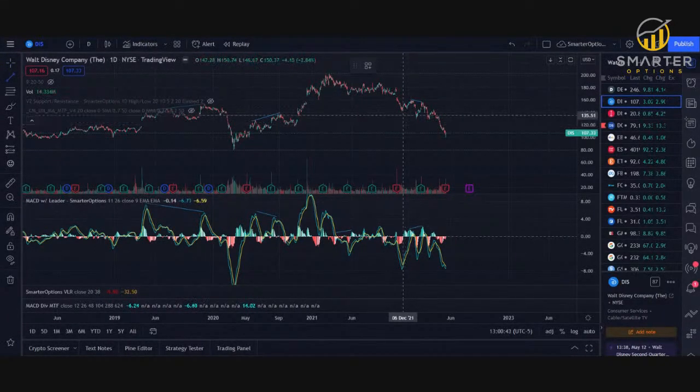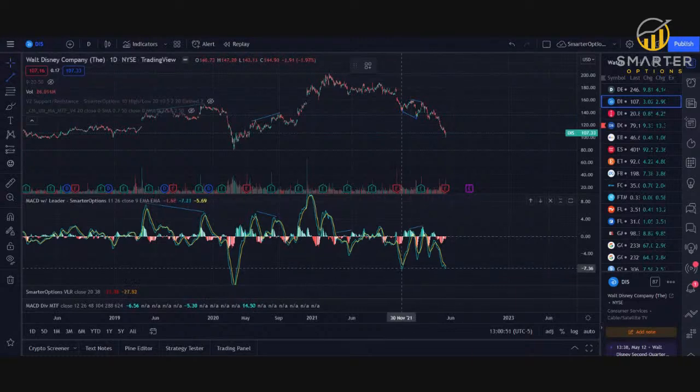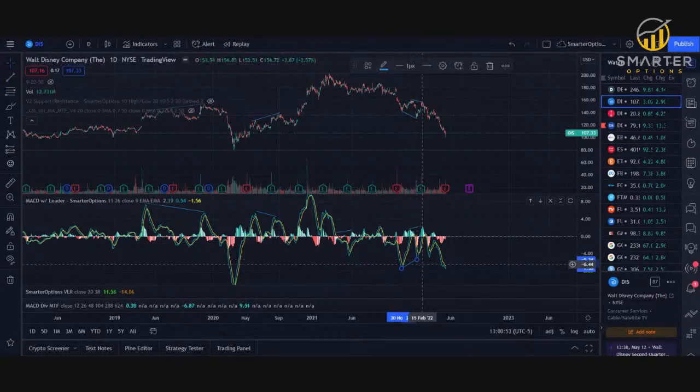Okay. We were getting lower lows. Actually, there's just right there. Lower lows, but higher lows. Okay. That is a bullish divergence. And we went from 132 to 157.